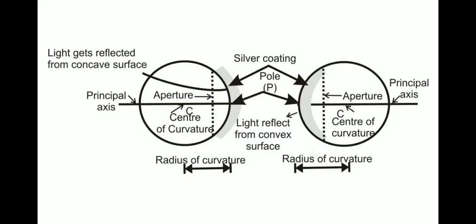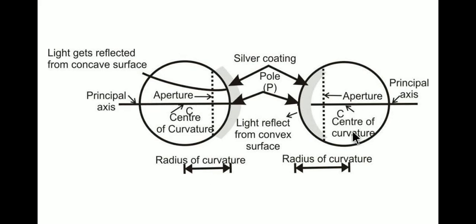For the concave mirror, this is polished from outside, so here you can see the slight grayish color. This is the polished portion, the silver coating, and this is the reflecting surface. That means this is a concave mirror, and this is convex because it's bulging outwards. Here, this is the center of curvature for both, and the principal axis.